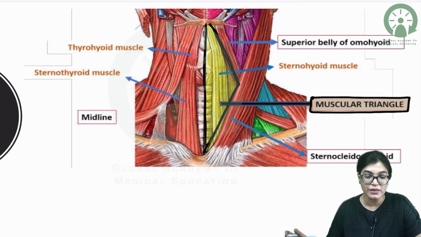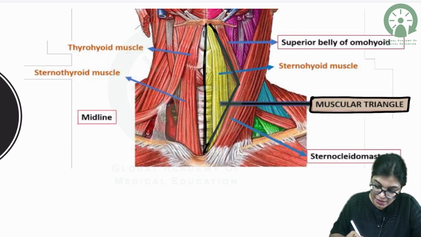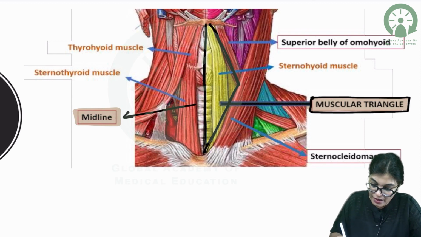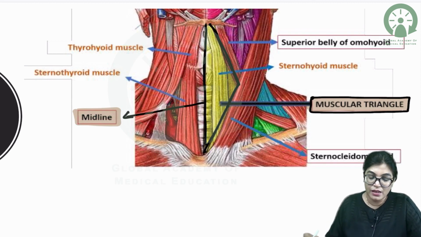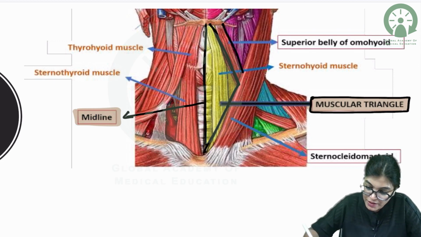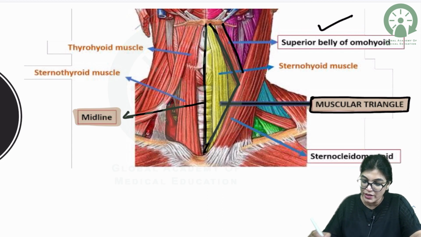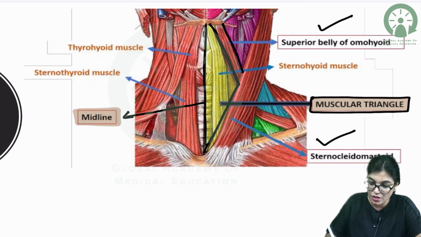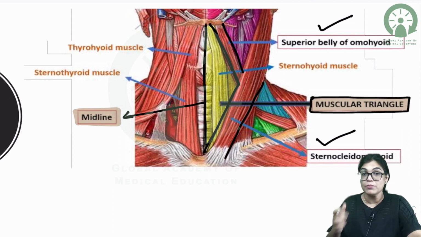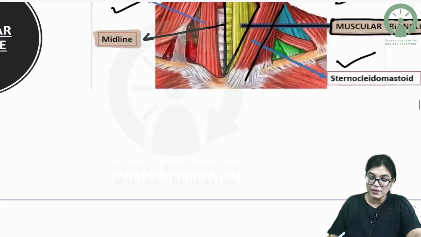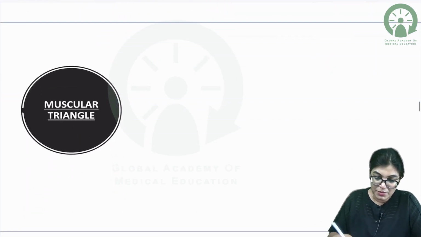You can see this midline of the neck is forming its anterior boundary, and anterosuperiorly it is bounded by the superior belly of omohyoid and posterior-inferiorly it is bounded by the sternocleidomastoid muscle. This is the sternocleidomastoid muscle. The muscles residing inside are sternothyroid, sternohyoid muscle.